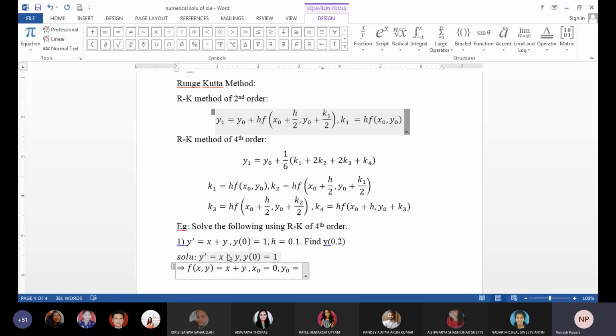What is my y0? 1. What is my h? 0.1. Okay. So now what we will do is first we will find all these ki's, k1 से लेके k4 तक, and then we will substitute in the value of y1. We will find out these ki's and then we will substitute in that y1.